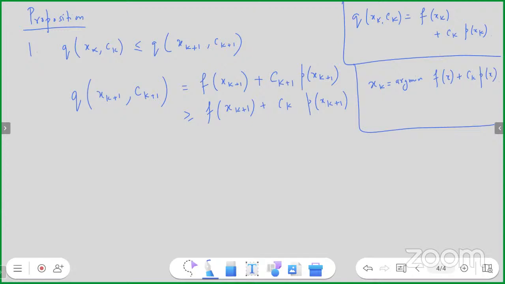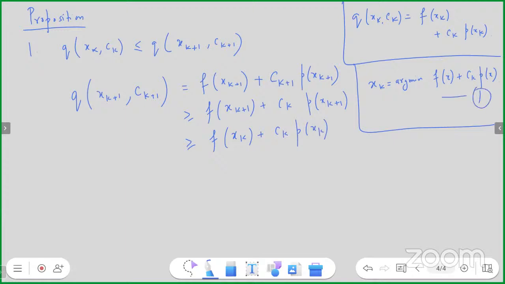Can you use that somewhere? By this definition, I want to go to q of x k, c k, right? But that equals this. Is that true? Let's call this 1.